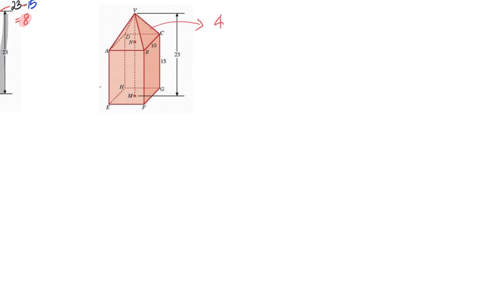I will see 4 triangles, because this is a square pyramid, 4 triangles that are exactly the same. The base is 10, but the height, which I'm going to call the slanted height h, we do not know. But can we find this slanted height later on?